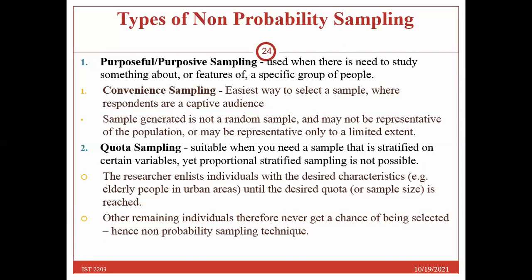So we have purposive or purposeful sampling. This is used when there's a need to study features of a specific group of people. There's a specific group that you want to study, and you choose specifically who those people are. You can't just ask everybody anyhow.